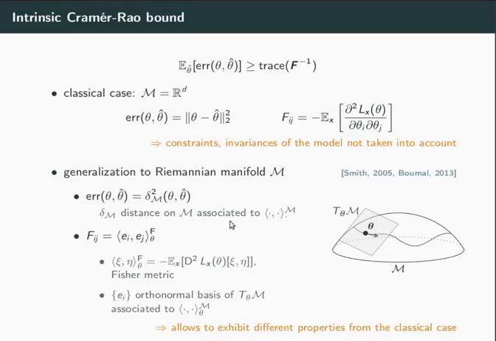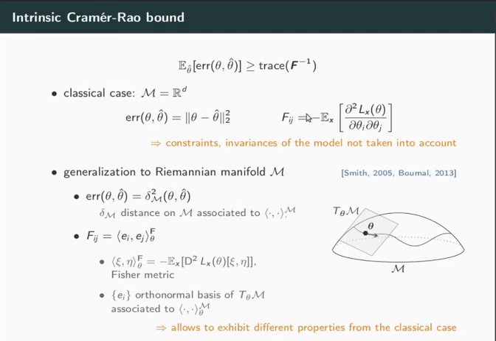So for this bound, in the classical case, the error is given by the Frobenius distance, so the least square distance between theta and its estimator, and the Fisher information matrix is given by this formula, by taking the second derivative of the log likelihood.